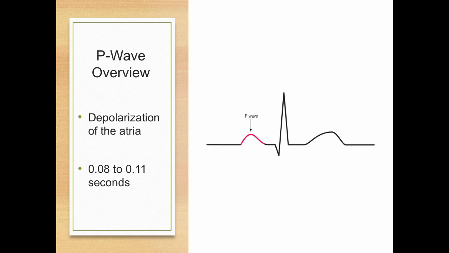So the P wave, just the P wave itself, not the PR segment or PR interval, should be 0.08 seconds to about 0.11 seconds wide, and should look the same with each complex in each lead.